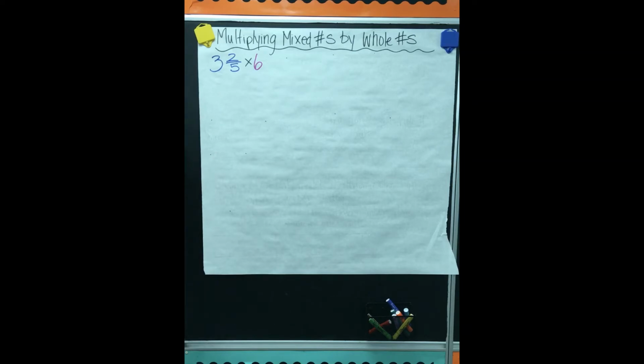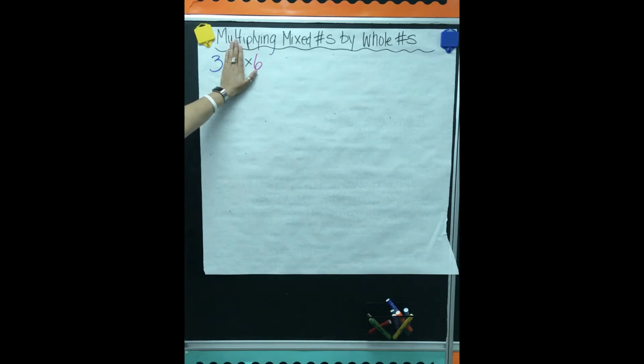And I also want us to think about what we know about scaling here. If I multiply a fraction times a whole number and my fraction is smaller than 1, my answer is going to be smaller than my whole number. But if I multiply a whole number times a whole number, my answer is going to be larger than this whole number, right? If I multiply 3 times 6, I'm going to get something larger than 6.